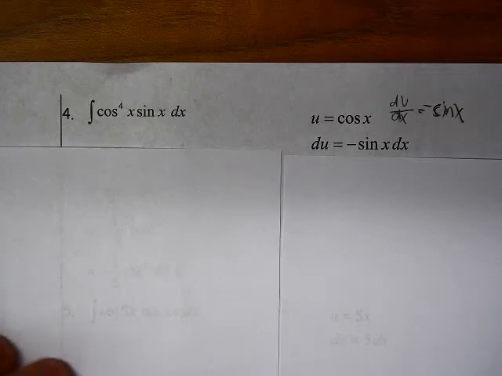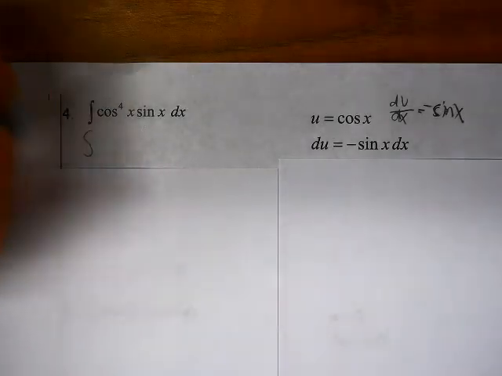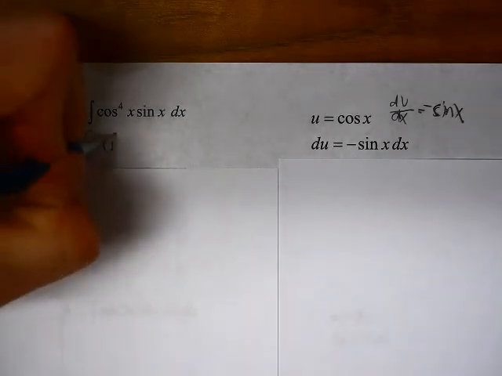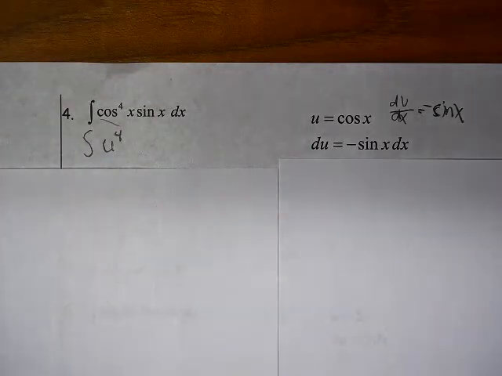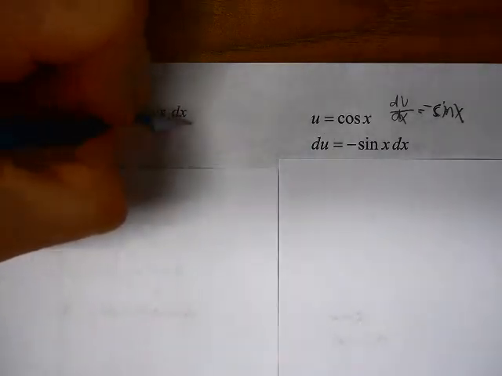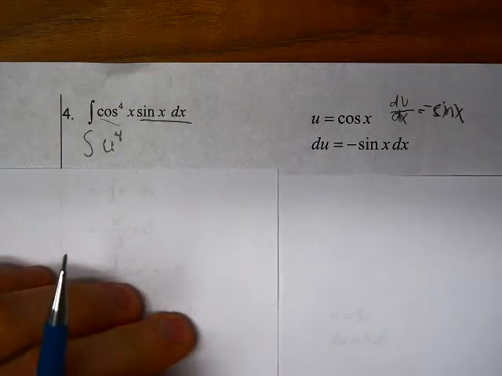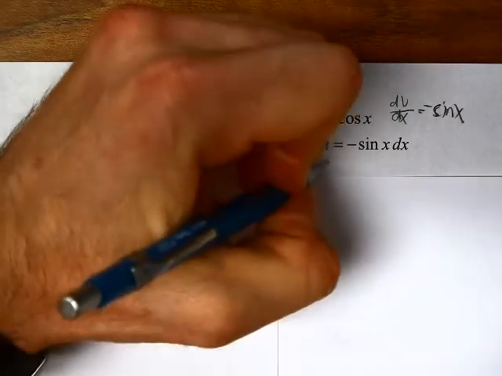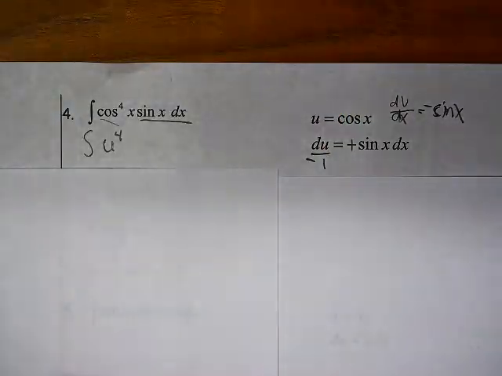Alright, so you see that I can write this integrand now in terms of u. I have my u to the fourth, so that takes care of cosine, and I still have sine x dx. So notice here I have a negative sine x dx, so I'm going to divide by negative 1.